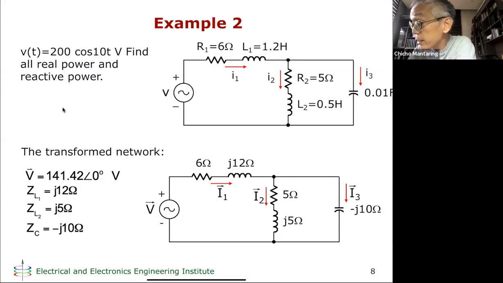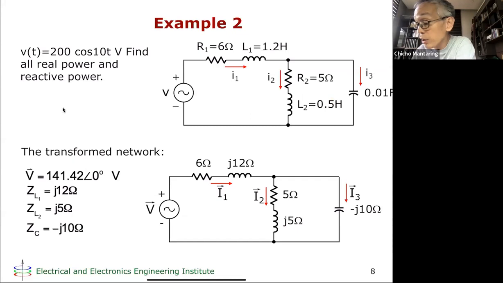On the other hand, this is 0.5, so 10 times 0.5 is 5. That's your reactance, so this is j5. And then this is 0.01. 0.01 times 10 is 0.1. You get the reciprocal of that. So that's 10, and so this is minus j10.